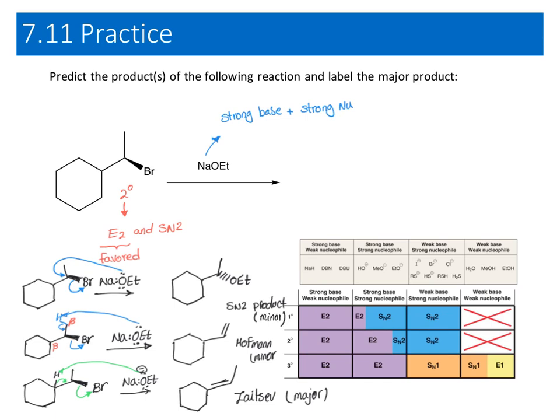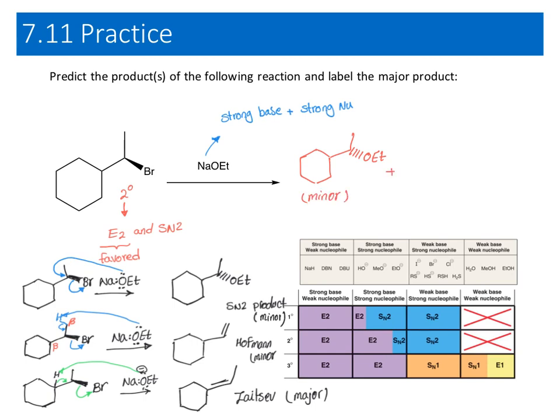So there are 3 products for this reaction. Let's redraw all of them here one more time. This product is the SN2 substitution product, which is minor product.